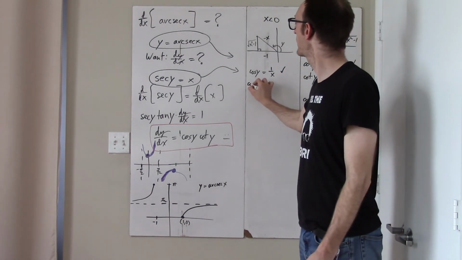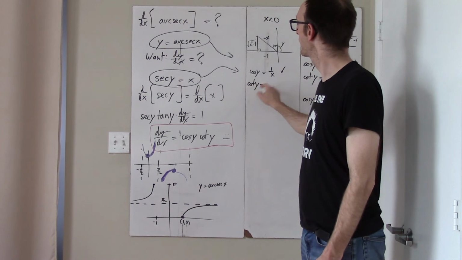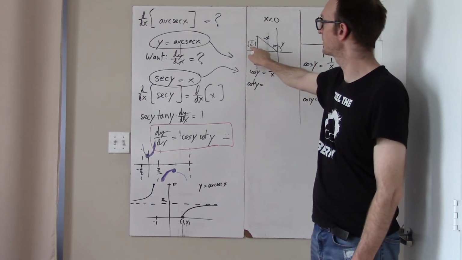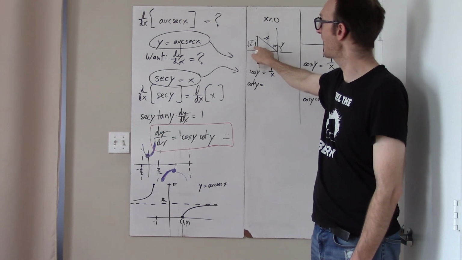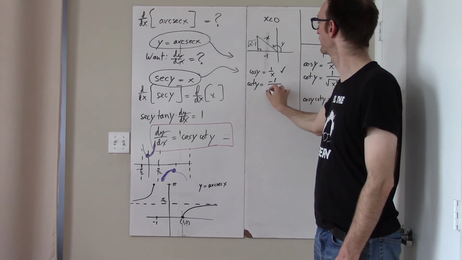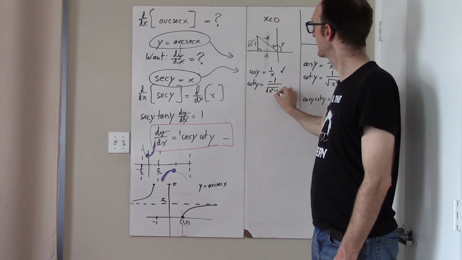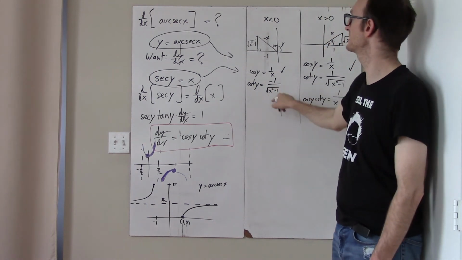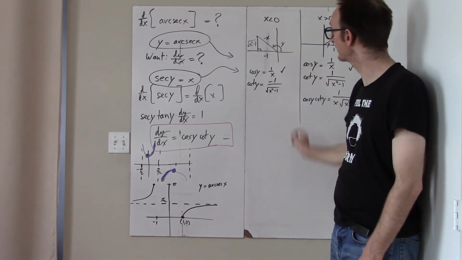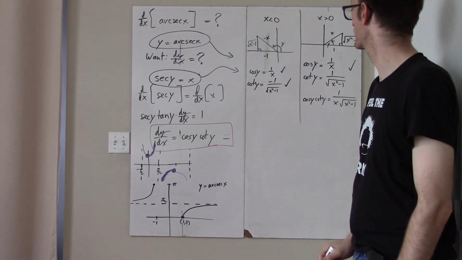And what is the cotan of y? Well, the cotan of y is the adjacent over the opposite, I guess. So that's negative 1 over root x squared minus 1. And now examining this expression, we see that it's negative, but we expect the cotan of a second quadrant angle to be negative. So again, it means that we're doing it all right.